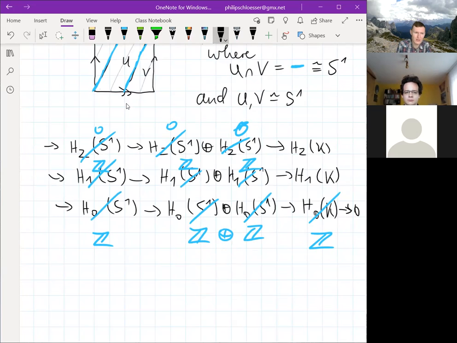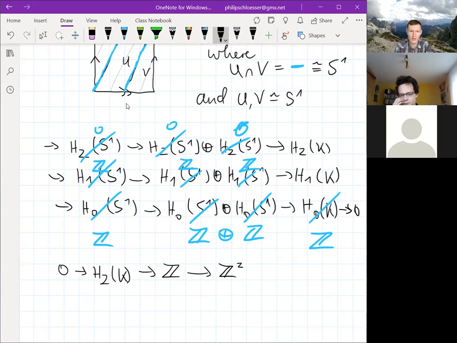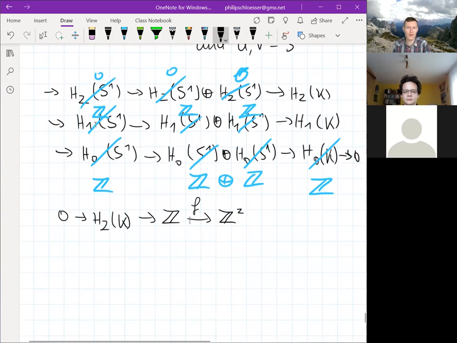So now if we look at a certain subsequence of this, we have 0 goes to the second homology group of K, goes to Z, goes to Z squared via some map F, where this was the first homology group of the intersection, and this is H1U plus H1V, and so on.